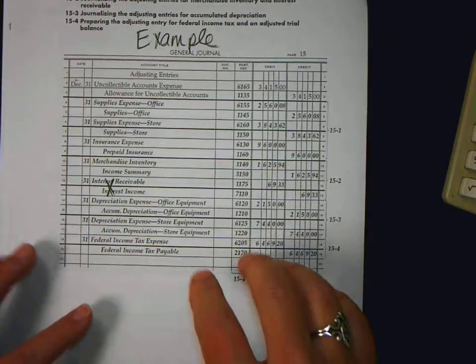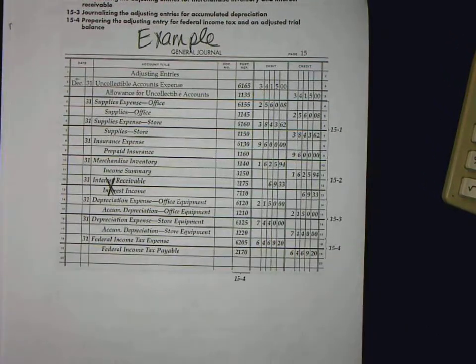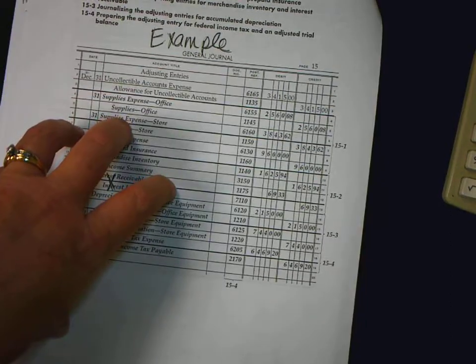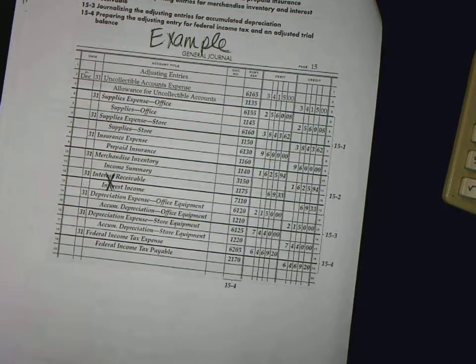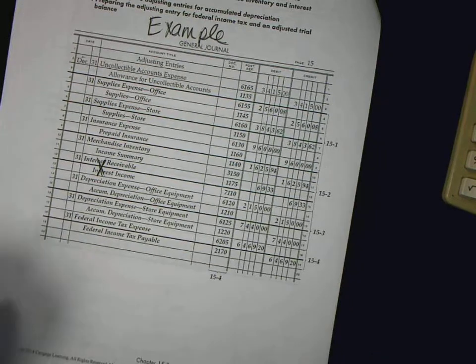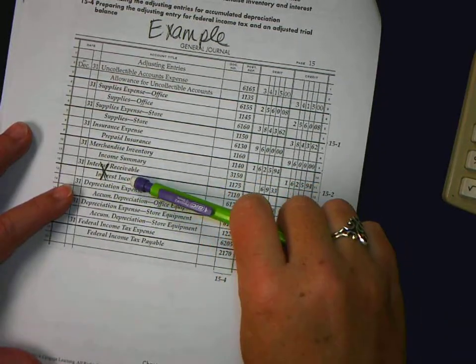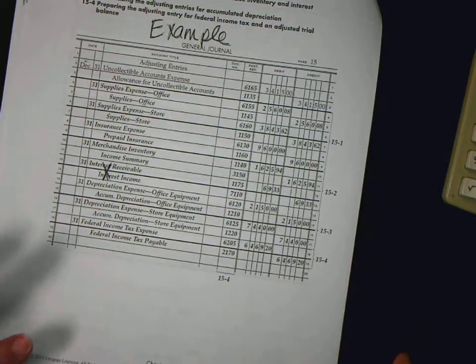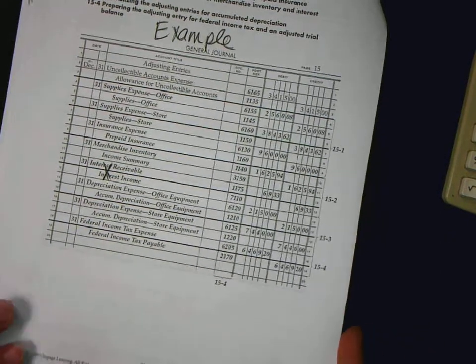These are not from authentic threads, but this can be a huge reference packet as you go through this ending period. And we're not doing interest receivable interest income, so that's why I marked that one out. But all the other ones we should be doing as adjusting entries. You have that in your packet.